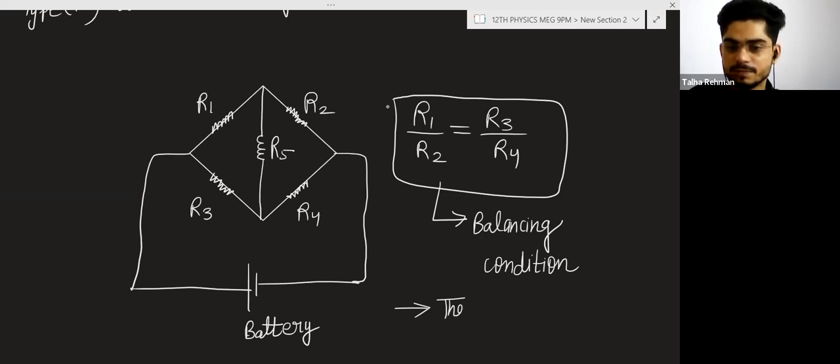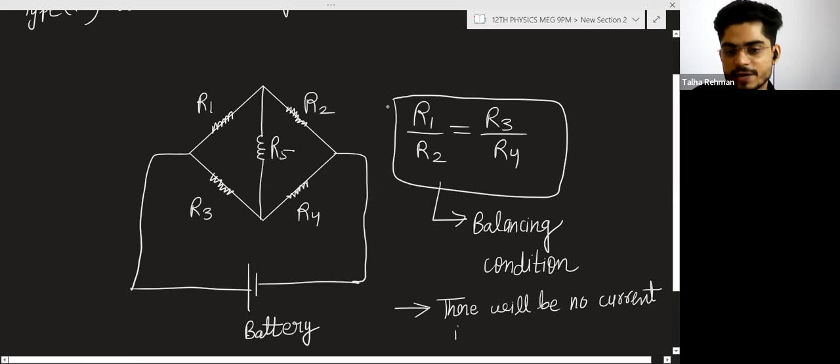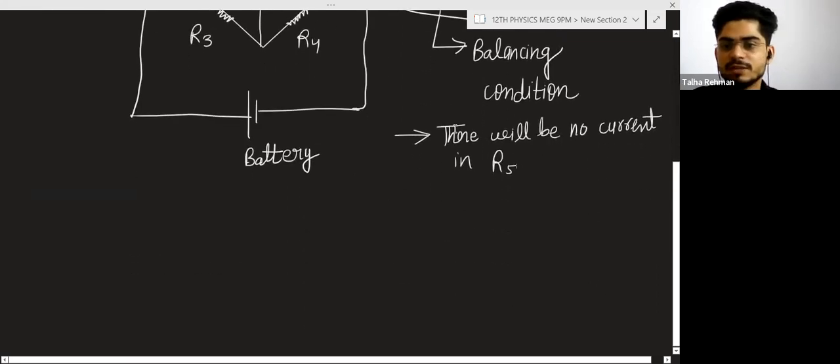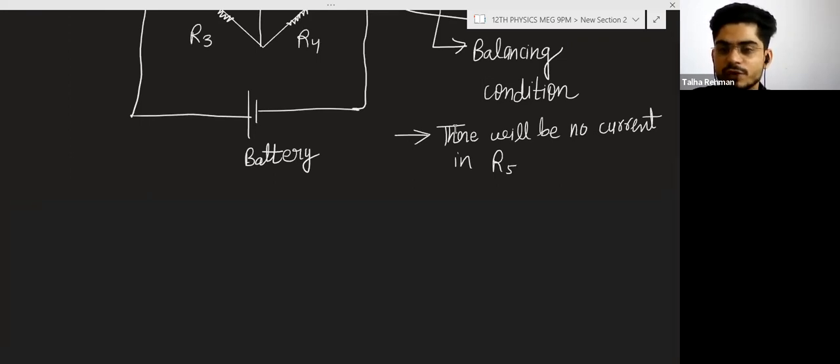There will be no current in R5. In this R5 resistance there will be no current, and I have already told you that in a circuit we can remove a resistance having no current.